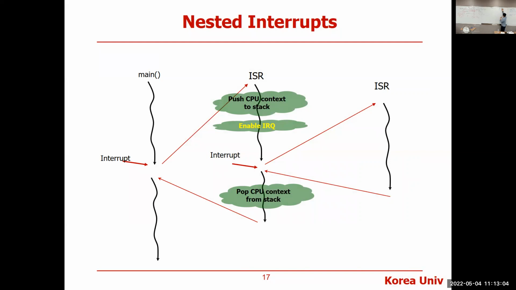And nested interrupt processing is also similar to a nested function call. We have a similar issue. So think about a nested function call. You have main, then you are calling some foo, procedure 1. Then procedure 1 is calling procedure 2, that is calling procedure 3, and so on. Then you are supposed to return back to the caller.